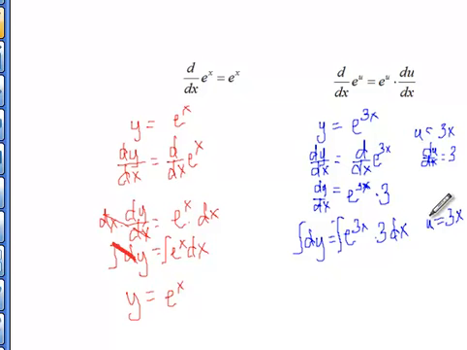So in this process of integration, I'm going to derive this inner function that I've acknowledged, and I'm also going to write that as a differential. So I get du equal to 3 dx. And that's what I'm going to hope for, that I can replace all of my x's and dx's with the relationship of du or u.